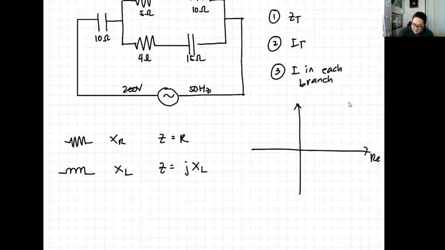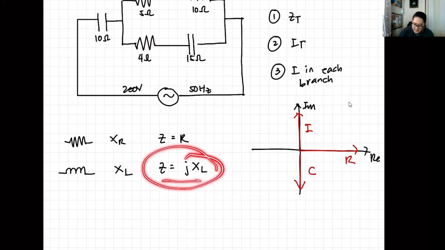Dito sa axis natin ng complex plane, itong papunta dito is para dun sa ating resistor. Yung positive ng imaginary is para sa ating inductor. And then yung negative ng imaginary is para sa ating capacitor. Kaya makikita ninyo dito, positive yung value ng impedance nung sa inductor natin kasi nasa positive sense siya.